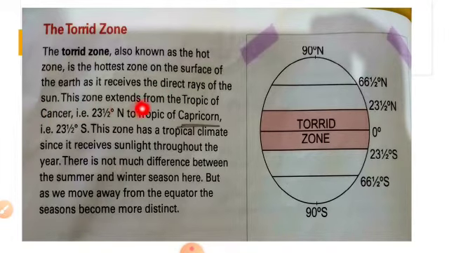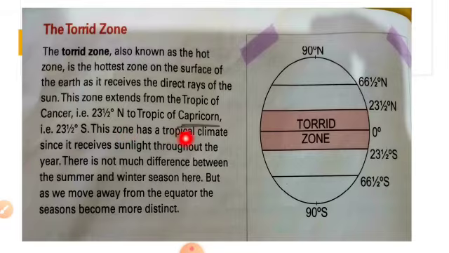This zone extends from the Tropic of Cancer, that is 23 1/2 degrees north, to the Tropic of Capricorn, that is 23 1/2 degrees south. Here is Cancer and here is Capricorn.